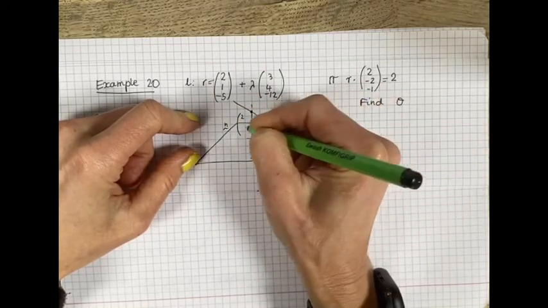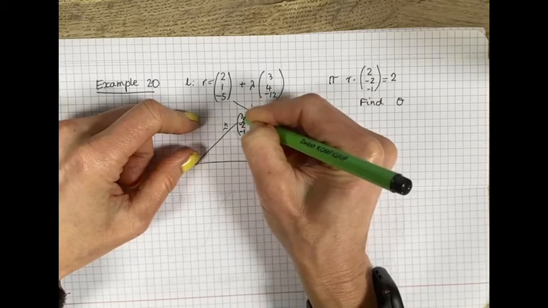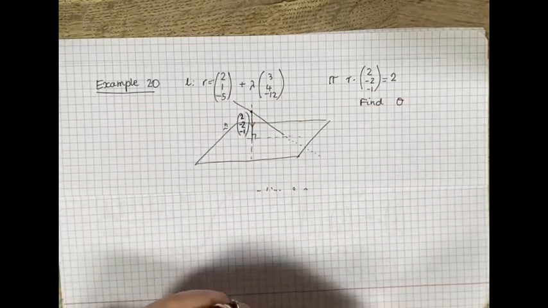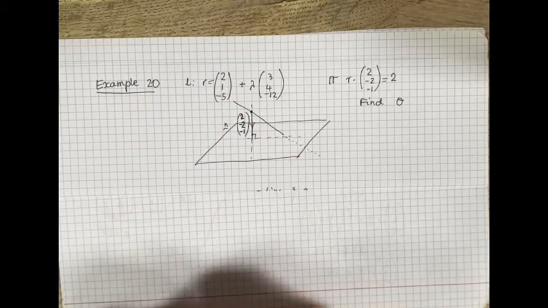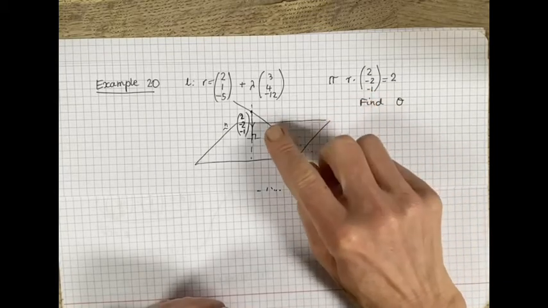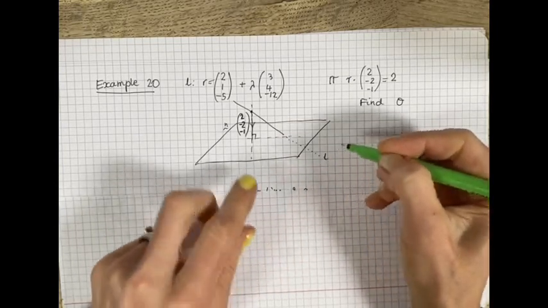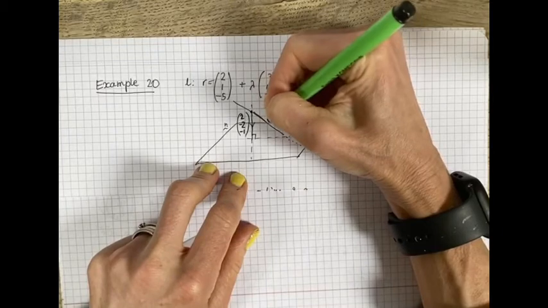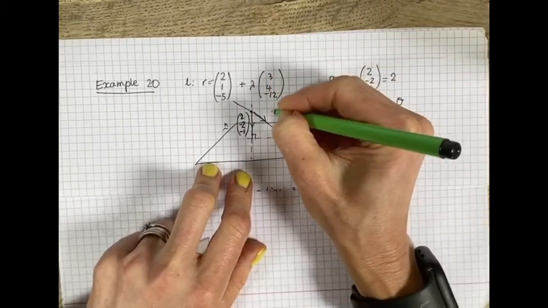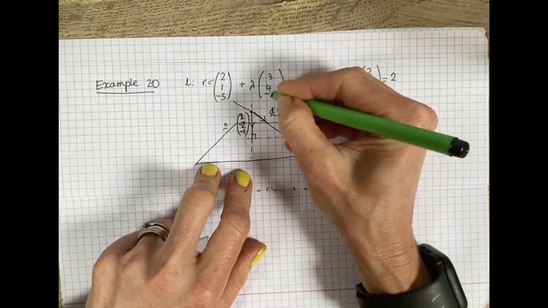That's our normal vector. Okay, so that's the information that we've derived from looking at the equation of the plane. Now, what else do I know about the line L? Well, I know that there is a direction vector of that line, and that direction vector, let's call it D, is going to be equal to 3, 4, minus 12.